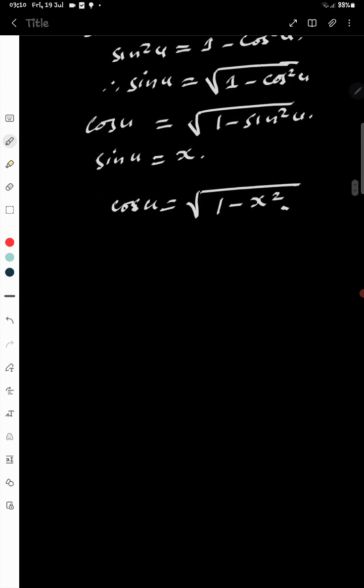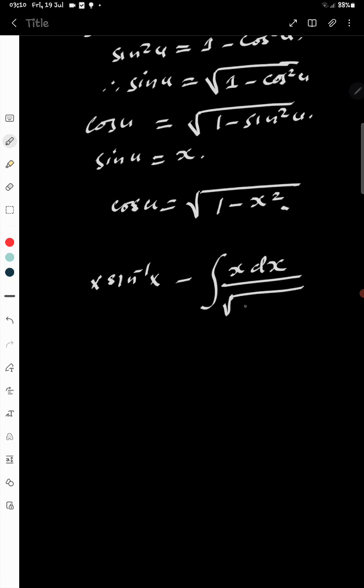Therefore, our integral becomes x sine inverse of x minus x dx all over root of 1 minus x squared.